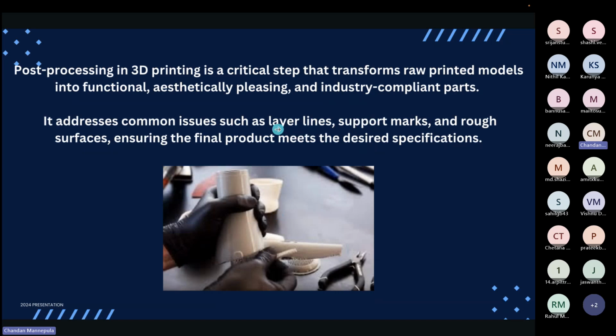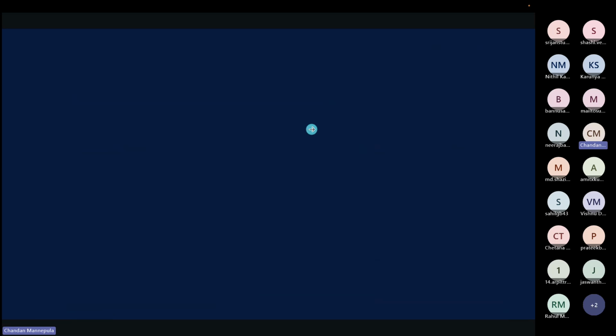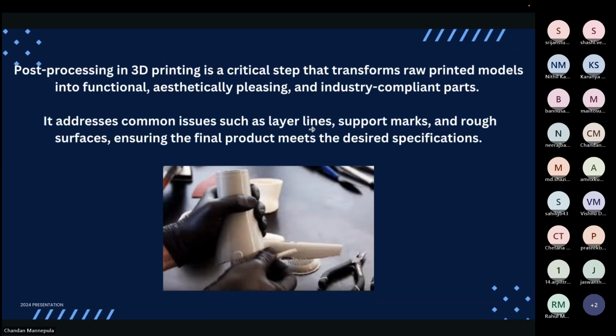Can anyone guess the reason? What do you think could have caused these layer lines? Okay, we'll get to know about it in the later stage.